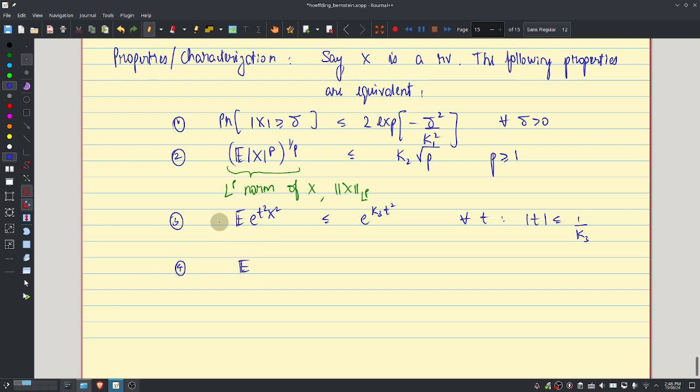The fourth looks somewhat similar to the third property, but it seems somewhat weaker. So expectation of e to the x square divided by k4 square is less than or equal to 2 for some constant k4.